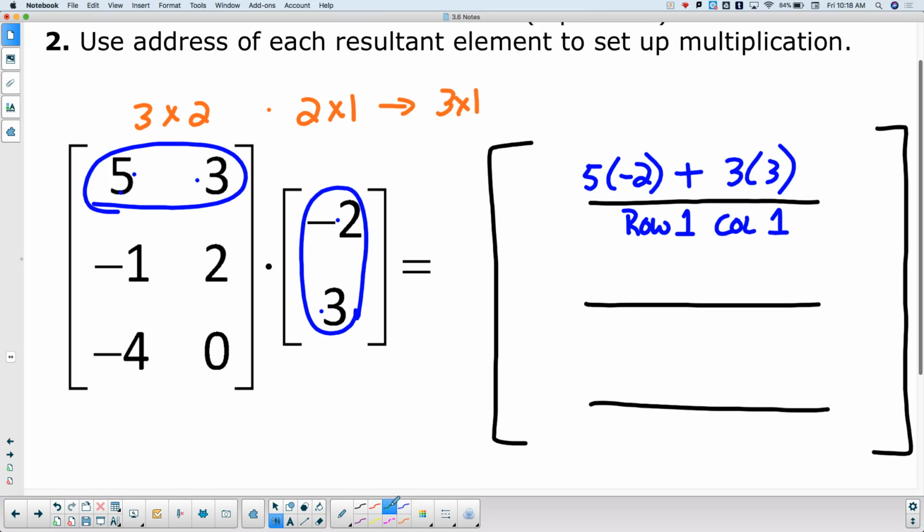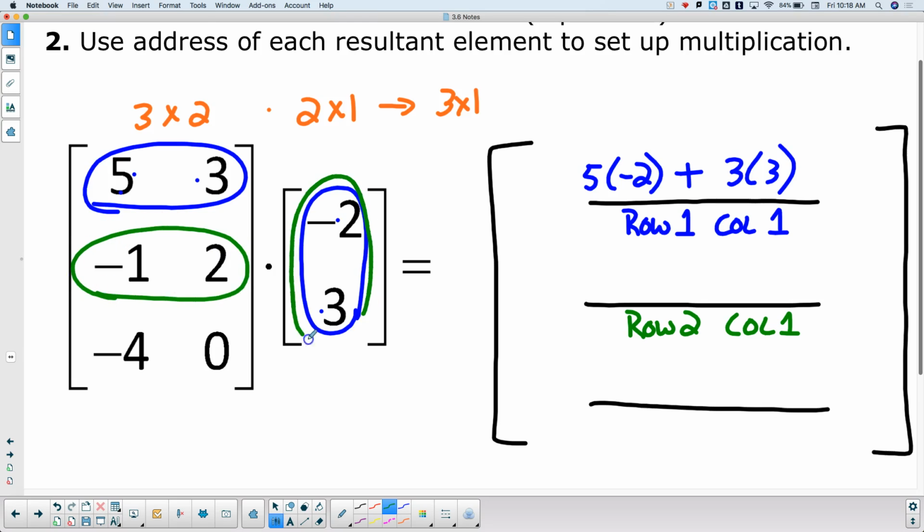Then this is row 2, column 1 for that address. So I take row 2 times column 1. So that's negative 1 times negative 2 plus 2 times 3.